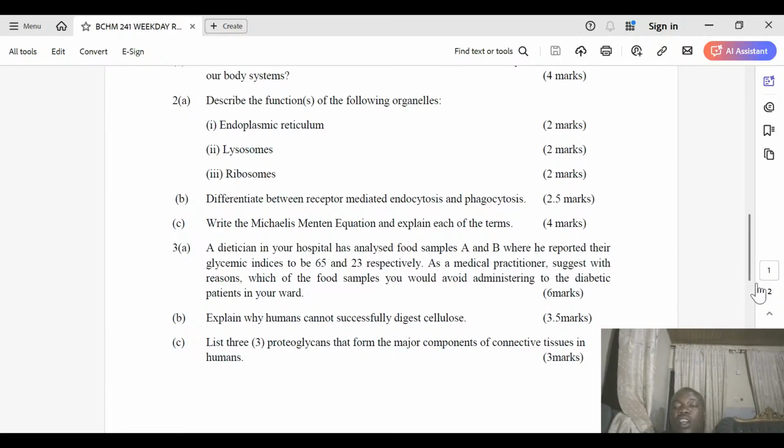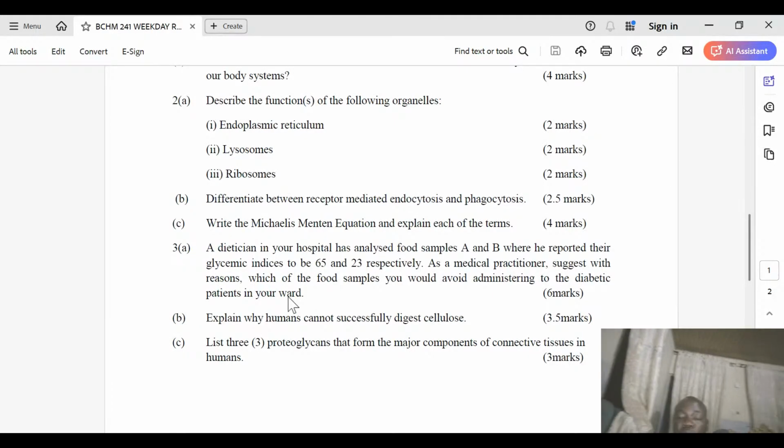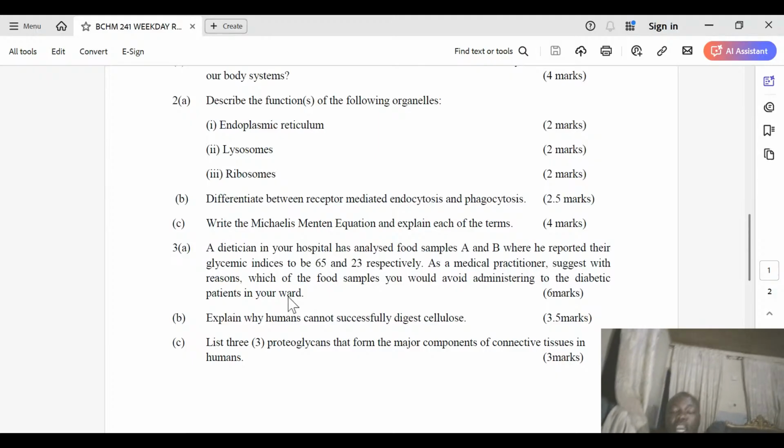So you can call it substrate concentration. So you see, a glycemic index is an index that tries... Okay, are you seeing the question? Please, I'm asking, are you seeing the question?